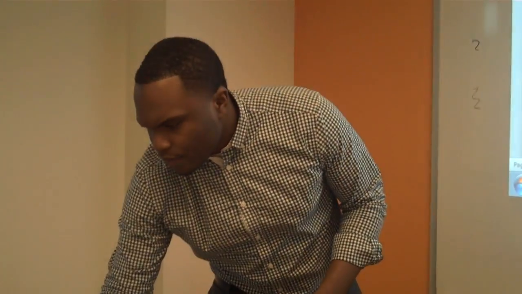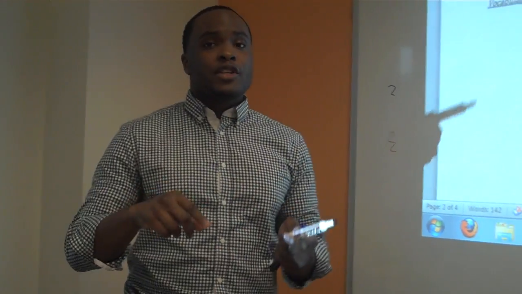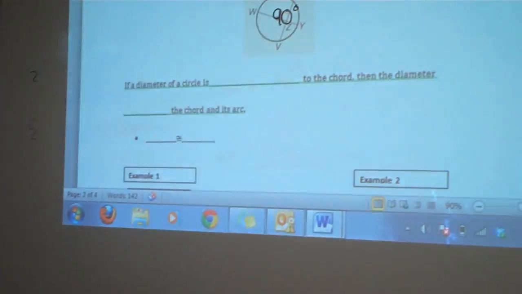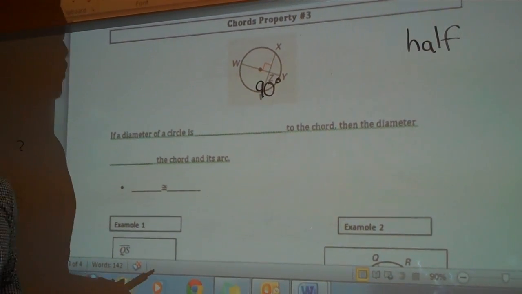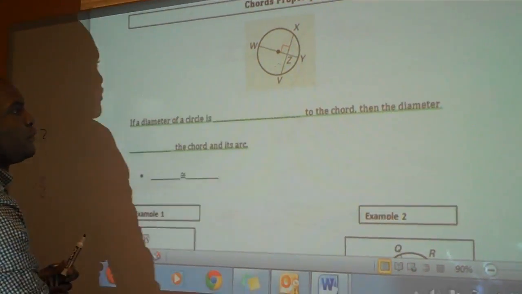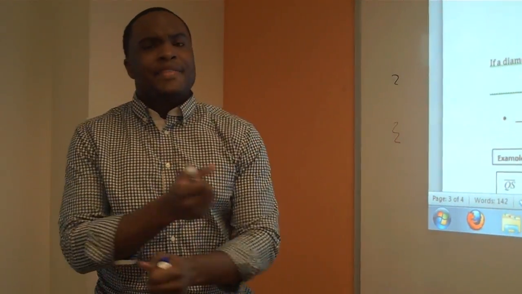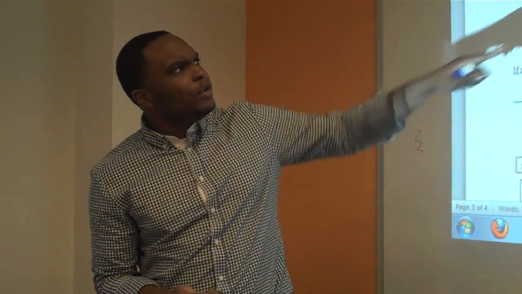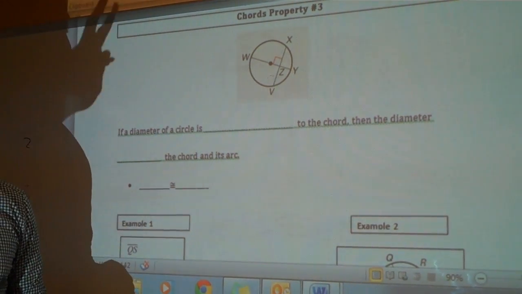So this property goes along with another property. So do me a favor, flip over to the 3rd page of your notes. This is chord property number 3. And they go hand in hand, they're kind of a pair. This picture looks very similar to the picture that we just finished looking at for property number 2.